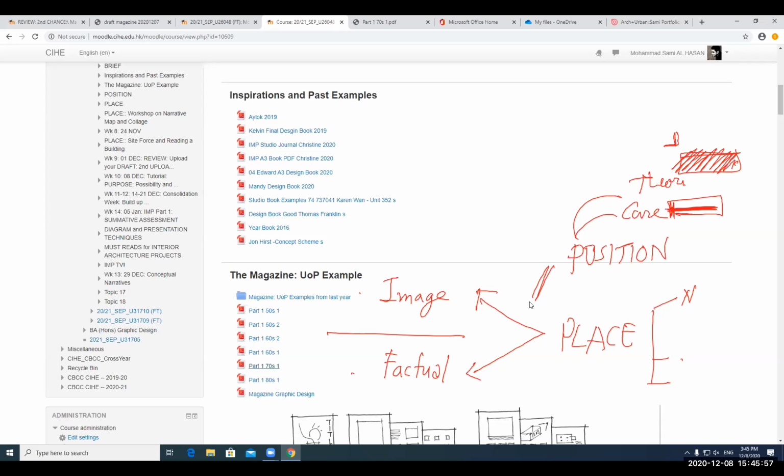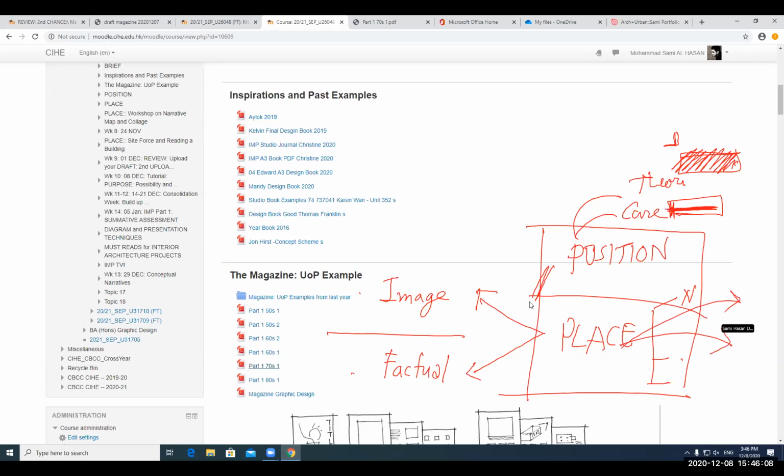So I expect to see these two until now, because they will tell you what you should do. I want to know who are the people in the place, who are the users, what are the issues clearly. Maybe not at this stage, but next time when you talk about the proposal purpose, you will refer back. Look at my place, I told you. Look at the people in there, I told you.